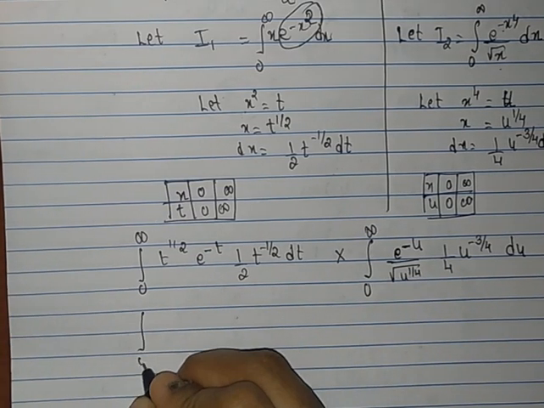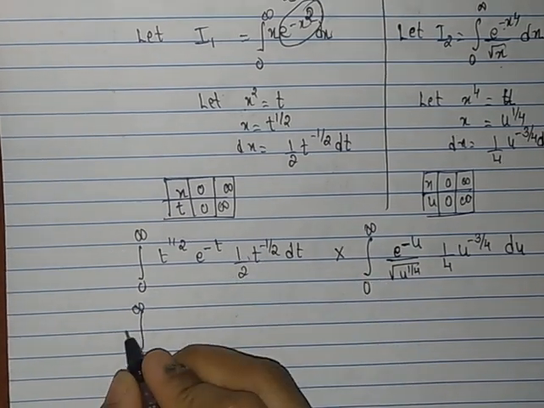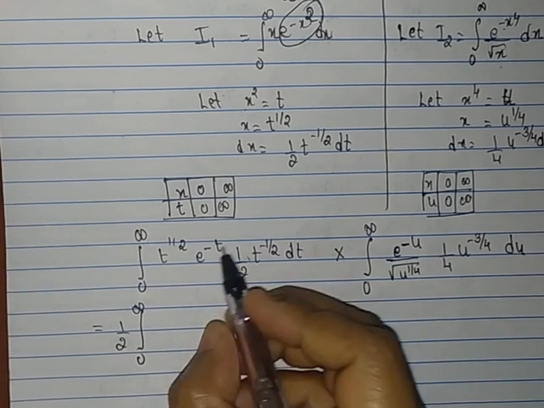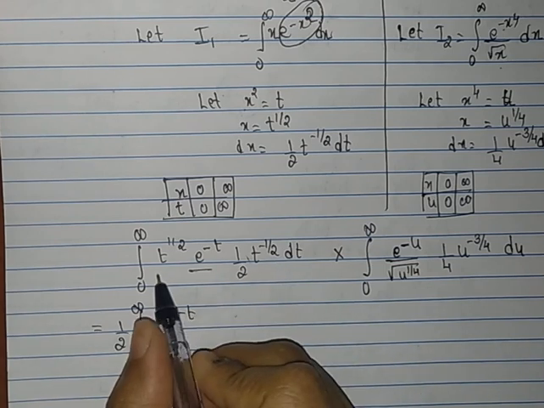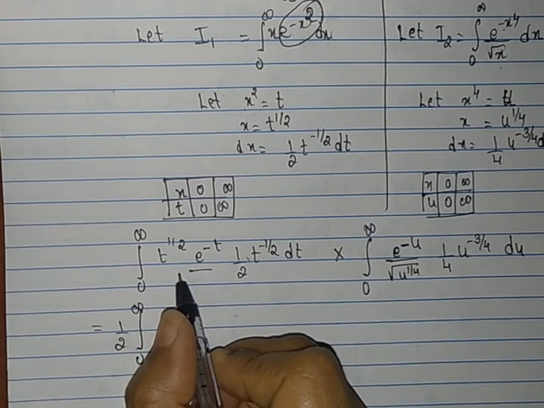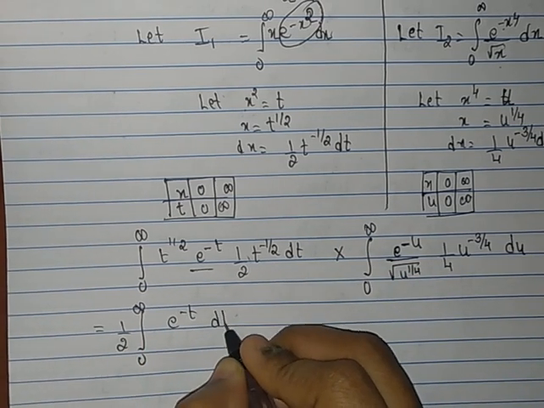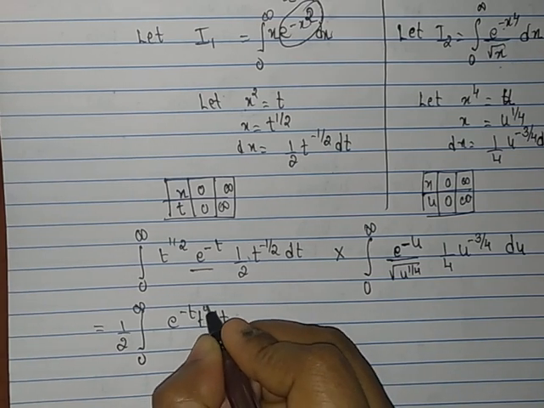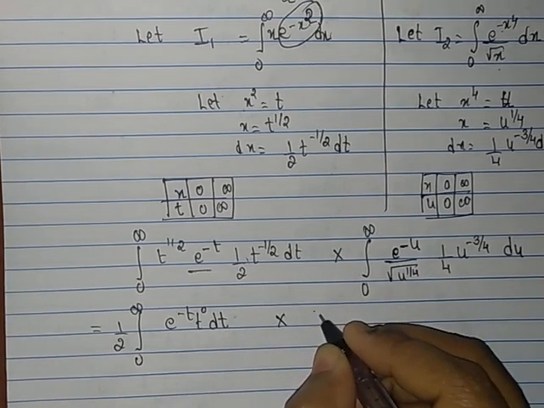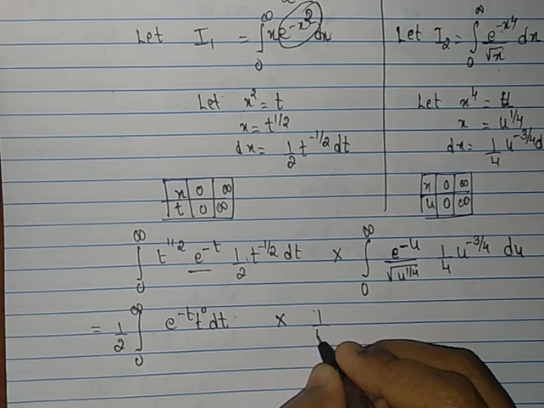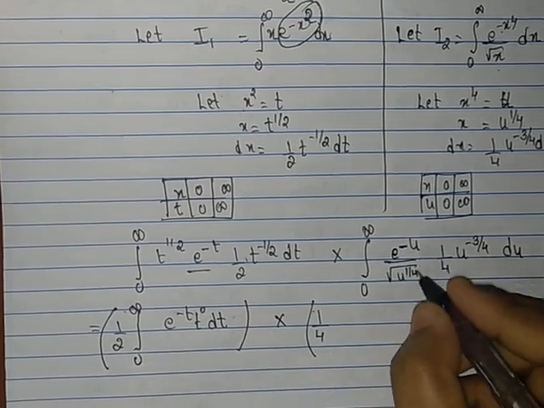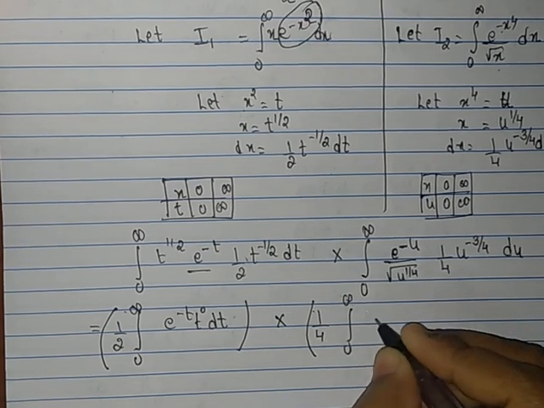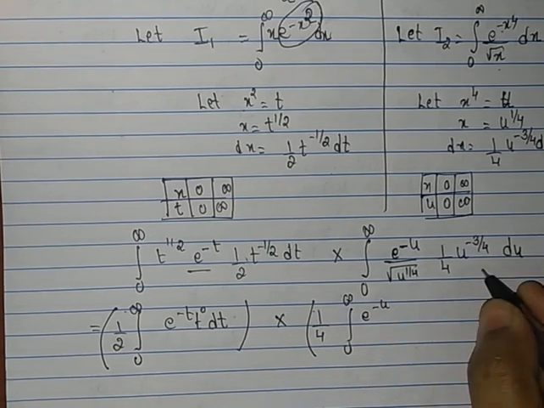This turns out to be integral 0 to infinity. Half is a constant, outside. e raised to minus t as it is. t raised to half and t raised to minus half gives me t raised to 0, into 1 by 4 outside, integral 0 to infinity e raised to minus u.